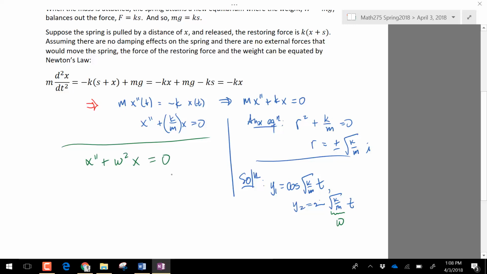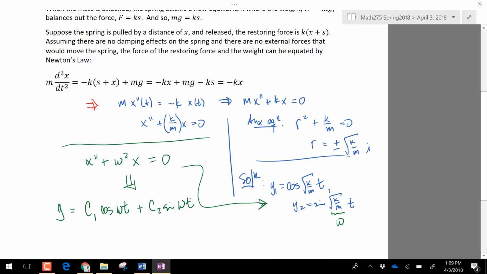So here we kind of have the immediate solutions. We can go through the process of solving for it again, but we can just get the solutions directly, and the solutions will be y is equal to some constant times cosine omega t plus another constant times sine omega t. And then those constants can be solved for if you have initial conditions.